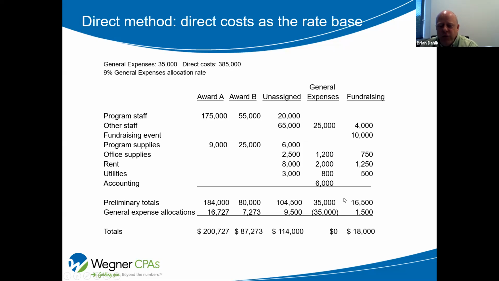Another thing that's still not acceptable would be to take the $35,000 and allocate it just to awards A and B. You have to allocate it also to all of your direct categories, not just the cost objects that are the awards.